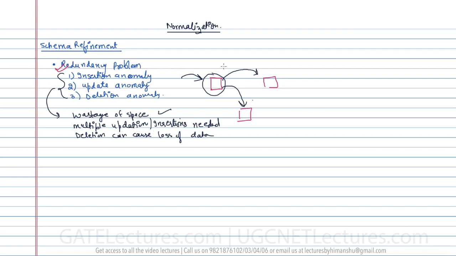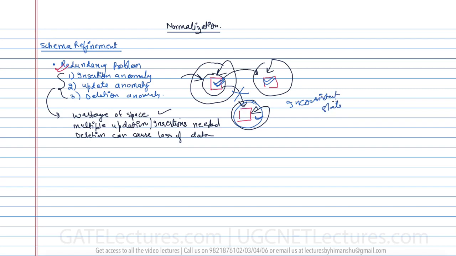Now for example, if there's a huge system which is related to this, sometimes what happens is you perform some updation here, but due to some reason that updation could not be performed on this data item. Because of that, the updation is performed here but not here, so the complete system will come into an inconsistent state.